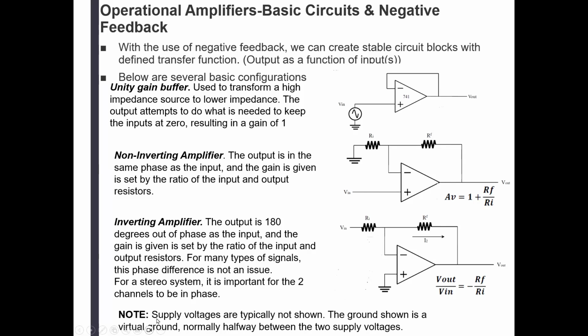Note, what's the note here? Supply voltages are typically not shown. Okay, this is extremely important information. When you see schematics with operational amplifiers drawn, you see the signal inputs, output, feedback, but where's the supply? It is assumed that the power supply is connected.